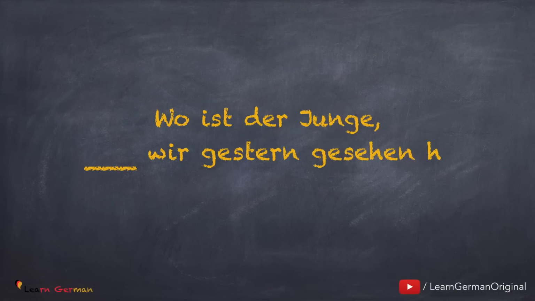Moving on to the next one. Since this is a Relativsatz, your answer should be, wo ist der Junge, den wir gestern gesehen haben? Here, den is being used as a relative pronomen for der Junge.